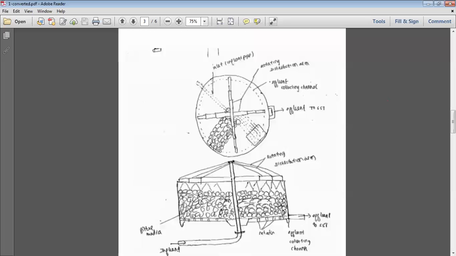The diagram came now. I already told you the concept of the media, which is completely made up of coarse material, stones. So those things you're already seeing here.